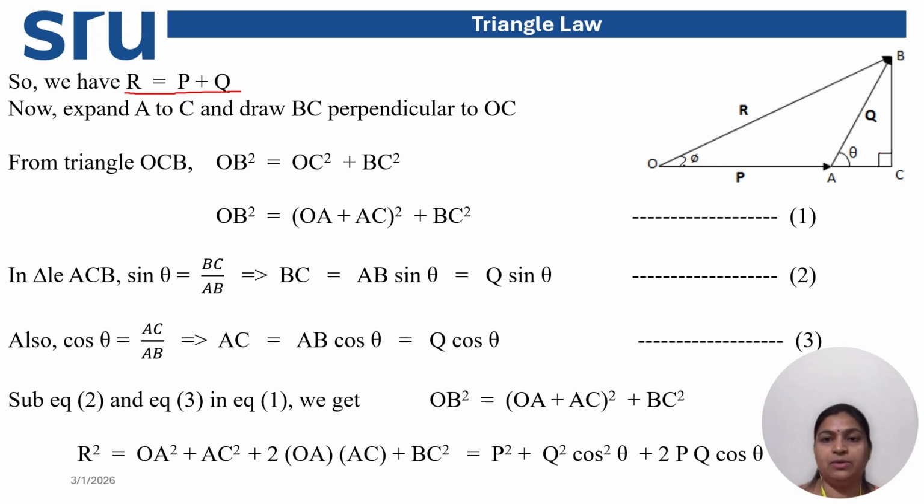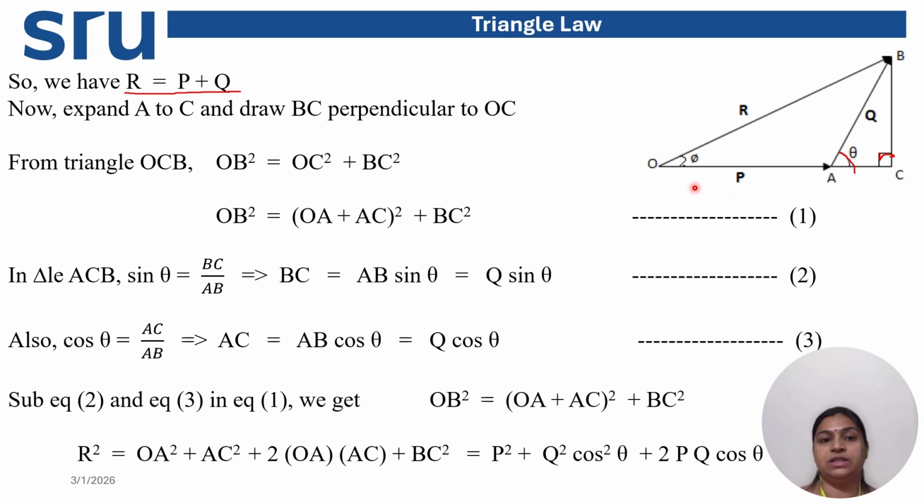So this angle will be 90, and let's assume this angle as theta. Now consider the triangle OCB, where this angle is 90.